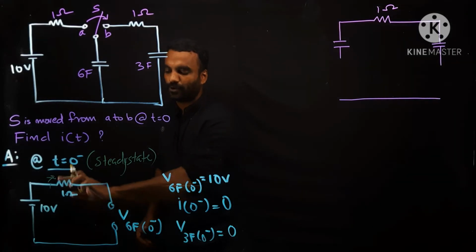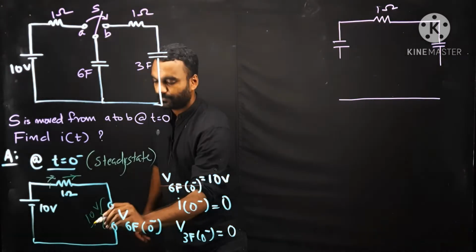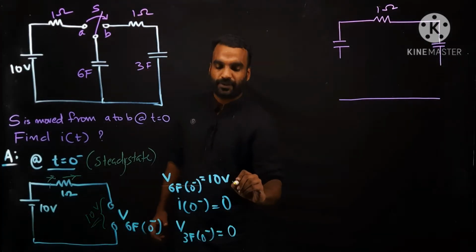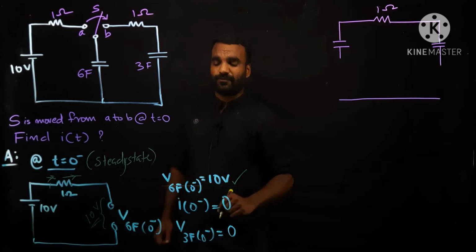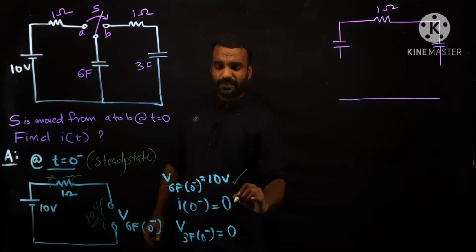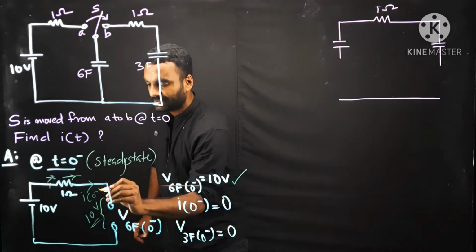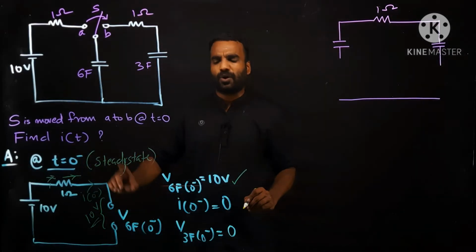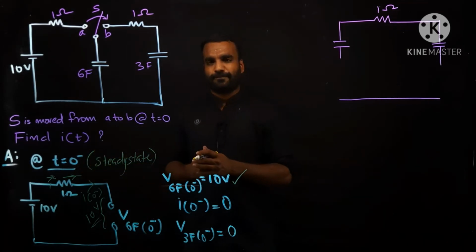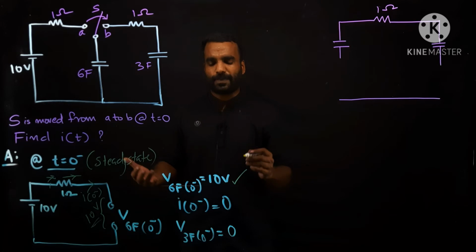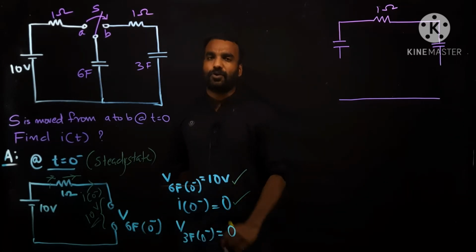So V6F at 0 minus, just before switching, is 10 volt. And is there any current passing through this circuit? No, because of the open circuit. At steady state the capacitor acts as an open circuit, so i at 0 minus is 0 ampere.